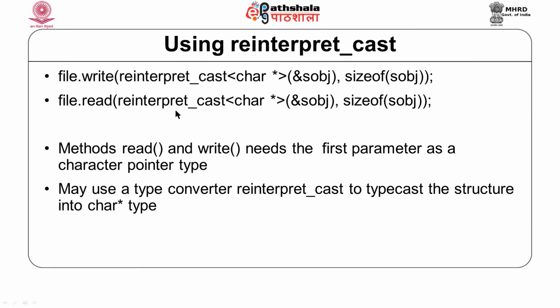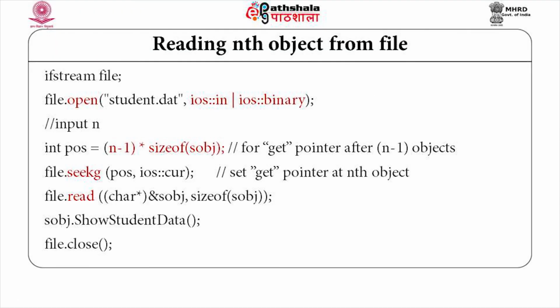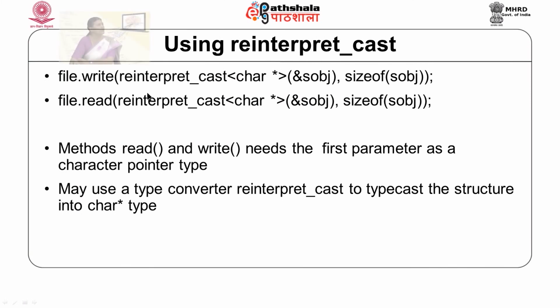Sometimes while converting into char star, we have in our examples used just a char star typecast. One may also use reinterpret_cast to do the conversion, irrespective of what type the objects are, they are always to be converted into the pointer char star.